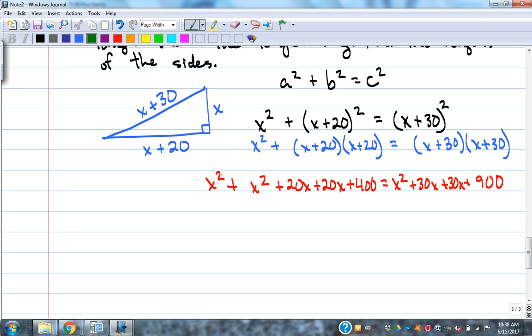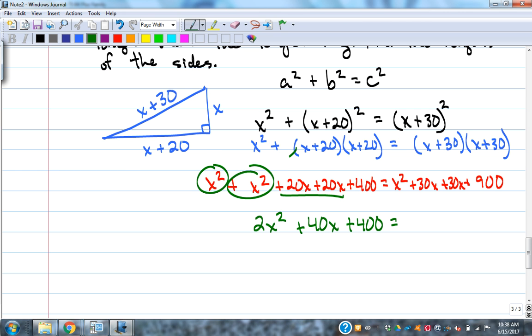So on the left-hand side, I've got x squared and x squared. That's 2x squared. 20x and 20x is 40x. And then plus 400, which is 20 times 20.